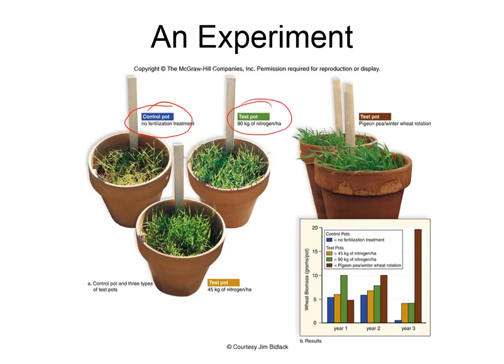You see good grass here, and here also good grass, but better grass when you use rotation than when you use ammonia or nitrogen fertilizer. So that is your experiment there.